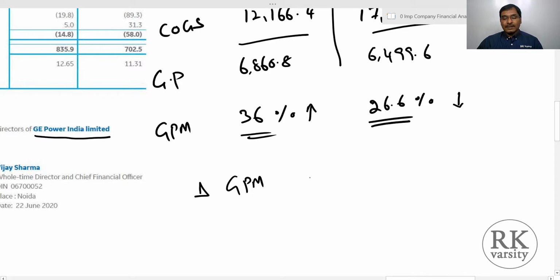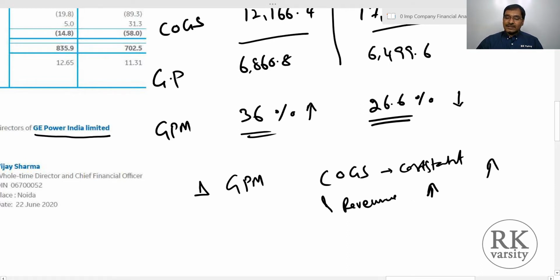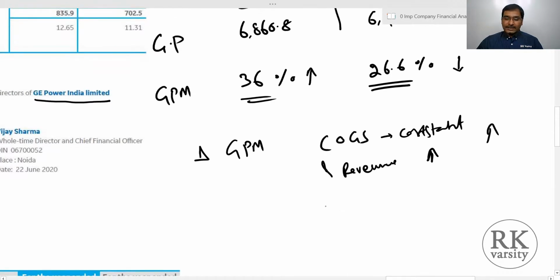The change in gross profit margin will happen when your COGS remains constant and revenue increases. If revenue increases and COGS remains constant, then your gross profit margin will increase. On the other hand, if revenue increases as well as the cost of goods sold also increases much higher than revenue, then your gross profit margin will decrease.